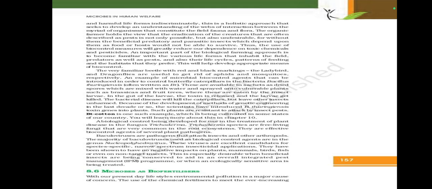An important part of the biological farming approach is to become familiar with the various life forms that inhabit the field, predators as well as pests, and also their life cycles, patterns of feeding, and the habitats that they prefer. This will help develop appropriate means of biocontrol.